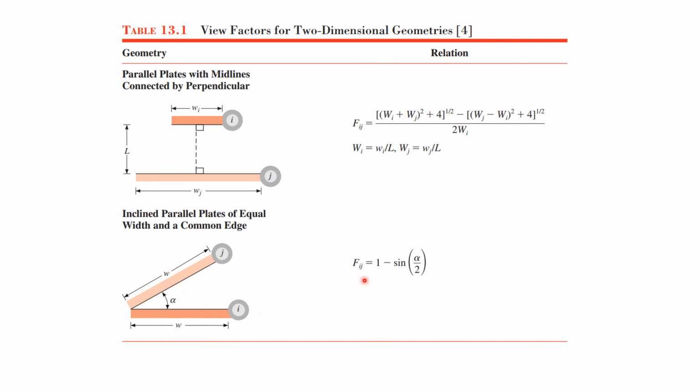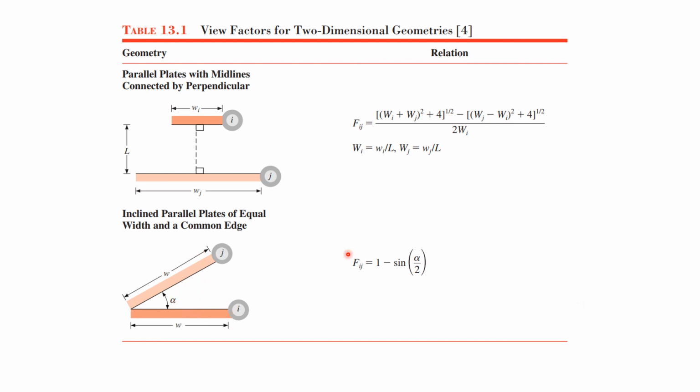In this case your view factor F of ij will be equal to 1 minus sine of alpha by 2. Let's see what we get if we have alpha equals 90 degrees. Your sine of alpha by 2 will be sine of 45, which is 1 over root 2. So your F of ij will be 1 minus 1 over root 2.